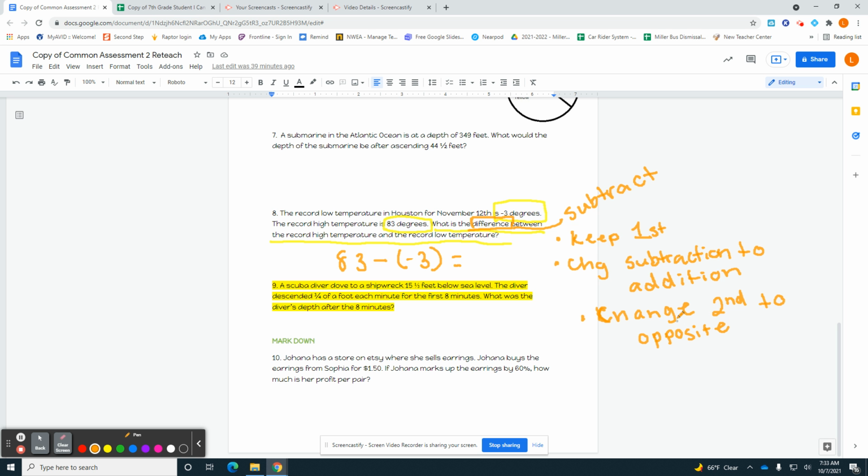So once you've done these steps, then you follow same sign add, different sign subtract. All right. So go ahead, pause your video, finish solving that out. When you're done, come back so you can finish up number 9.